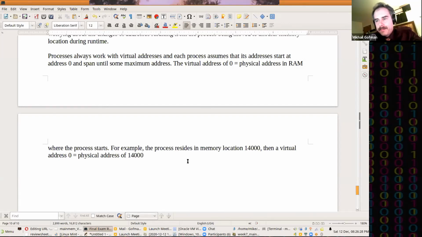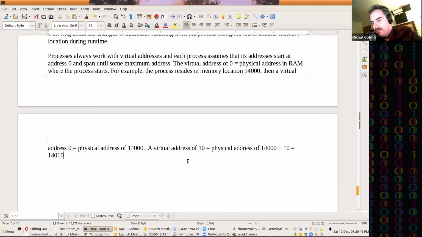Okay, a virtual address of say 10 is equal to the physical address of 14,000 plus 10, which is equal to 14,010. Okay, that's basically the idea.